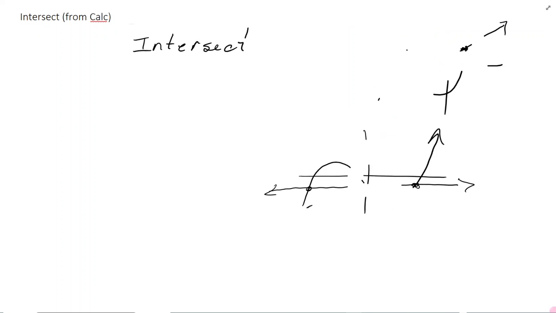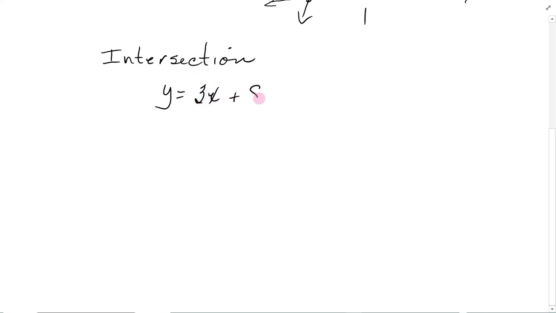Okay, how about I just go up? Suppose I'm going to find the intersection between y equals 3x plus 8 and y equals 7x minus 2.